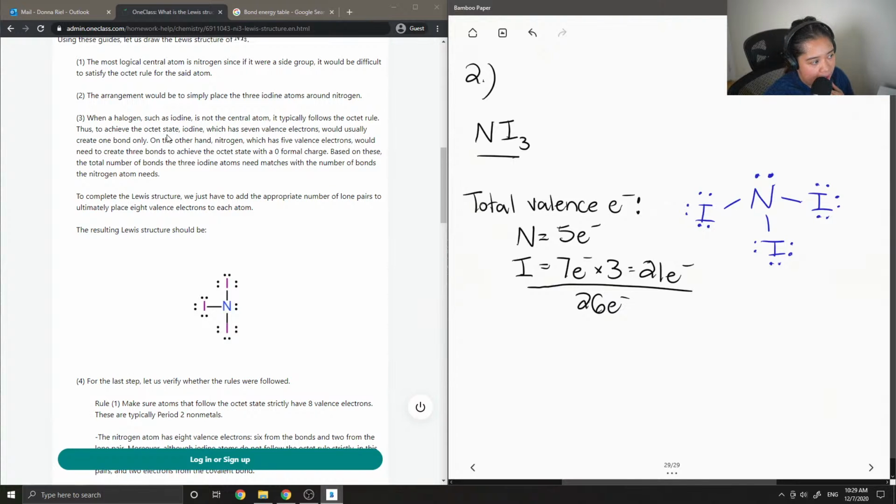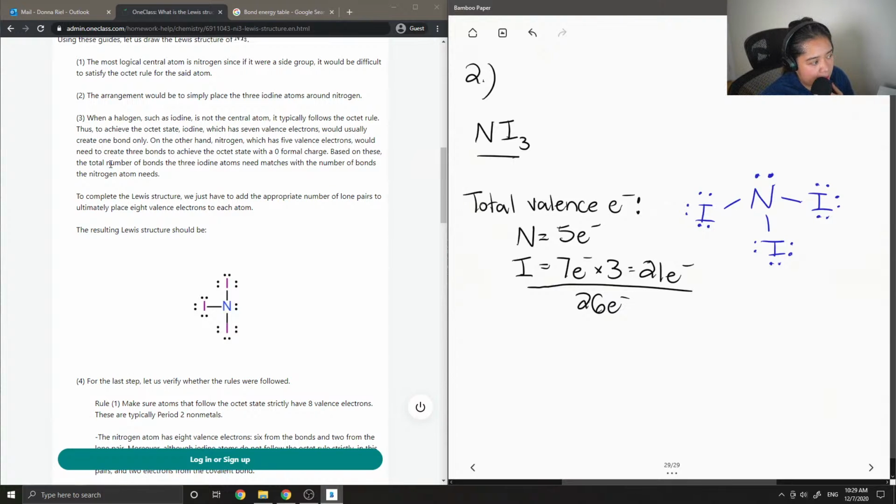Thus, to achieve the octet state, iodine, which has 7 valence electrons, would usually create 1 bond only. On the other hand, nitrogen, which has 5 valence electrons, would need to create 3 bonds to achieve the octet state with a 0 formal charge.